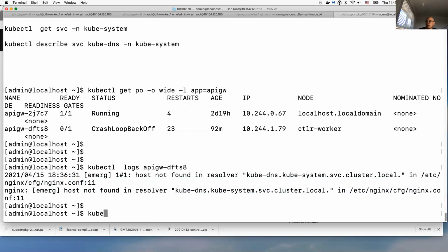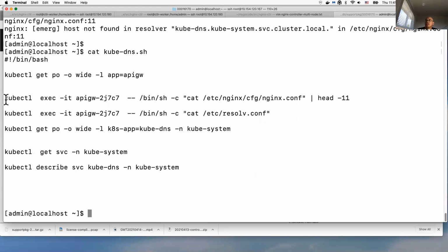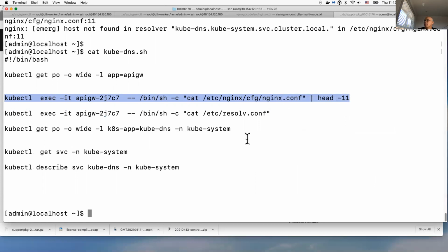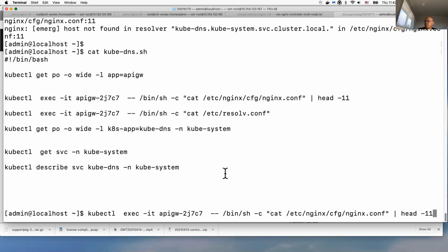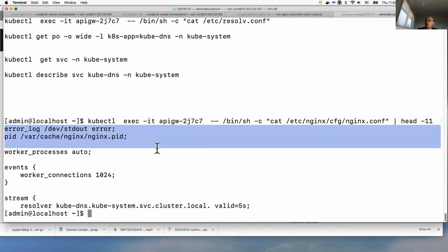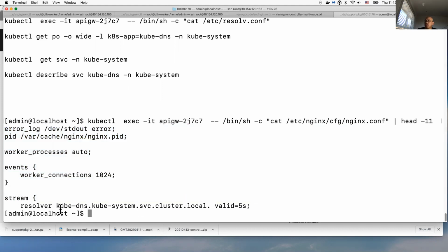I also have a command for that: we can use kubectl to get a shell and cat the nginx.conf file. So this is the nginx.conf file in the API gateway pod. At line number 911, that's the configuration line here. It says resolver kube-dns kube-system.